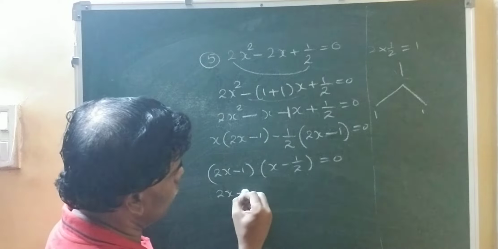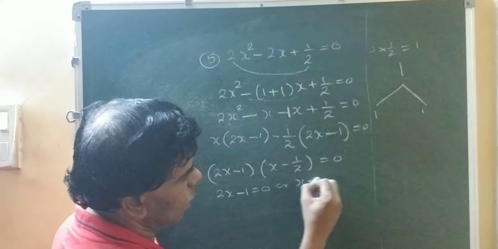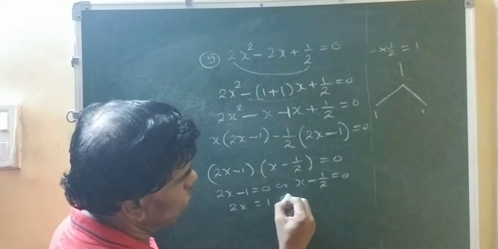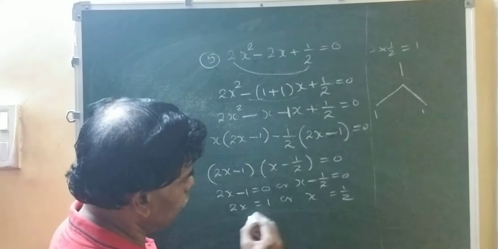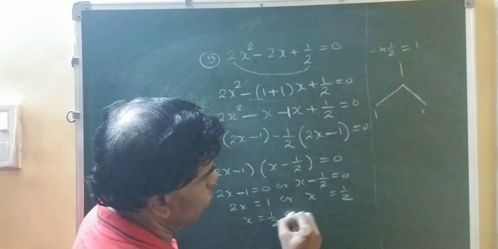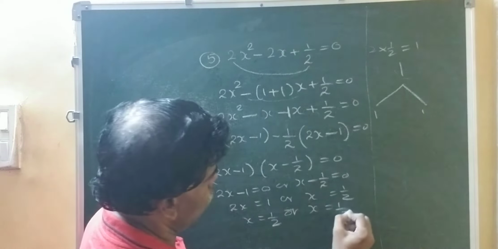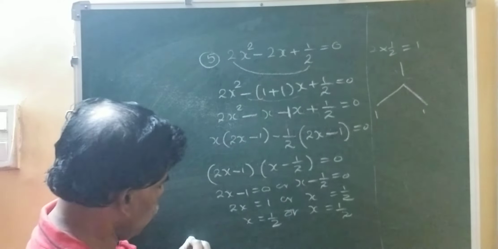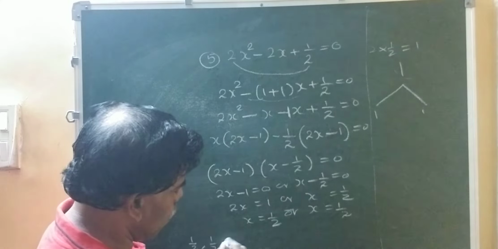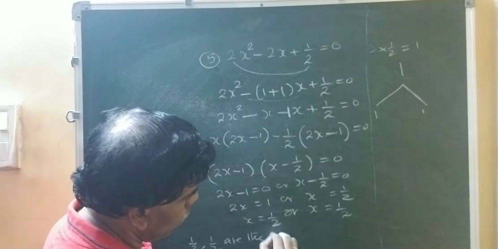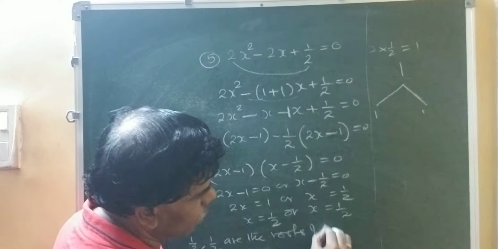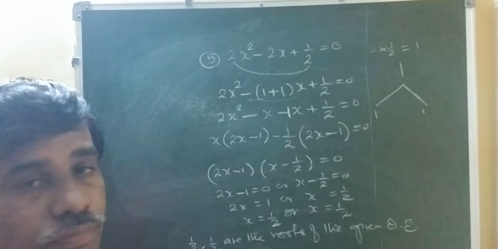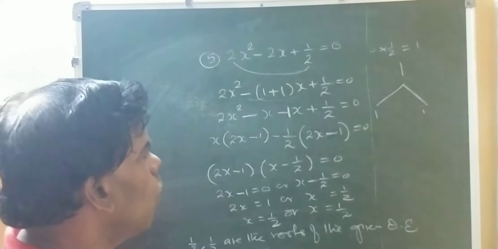Now 2x minus 1 equal to 0 or x minus 1 by 2 equal to 0. So 2x equal to 1 or x equal to 1 by 2. So x equal to 1 by 2 or x equal to 1 by 2. So 1 by 2 and 1 by 2 are the roots of the given quadratic equation.